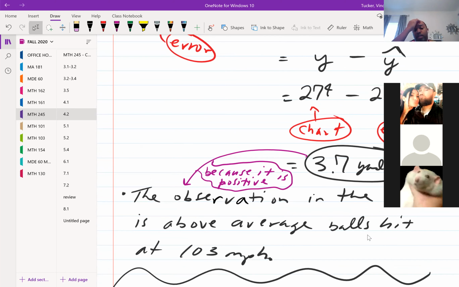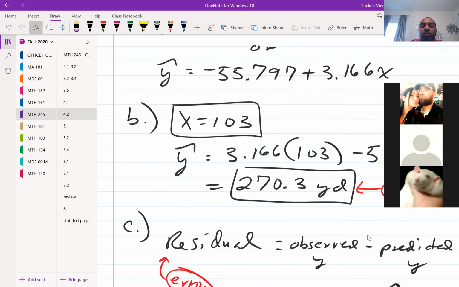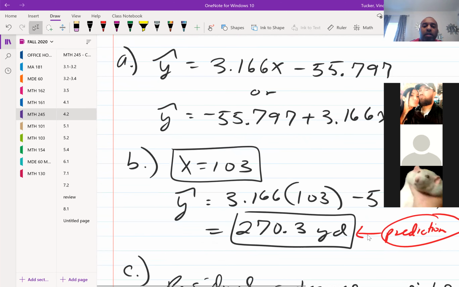So, questions on anything in 4.2 before we go into 4.3? Can I see the equation that you used to get 270.3 again? Just real quick. Right there at A, but we plugged it in at B. Okay, cool.